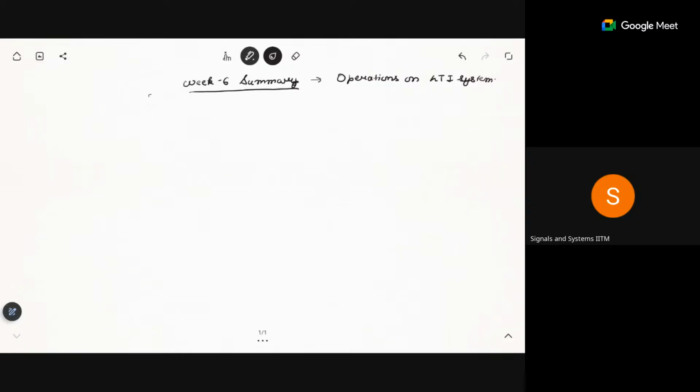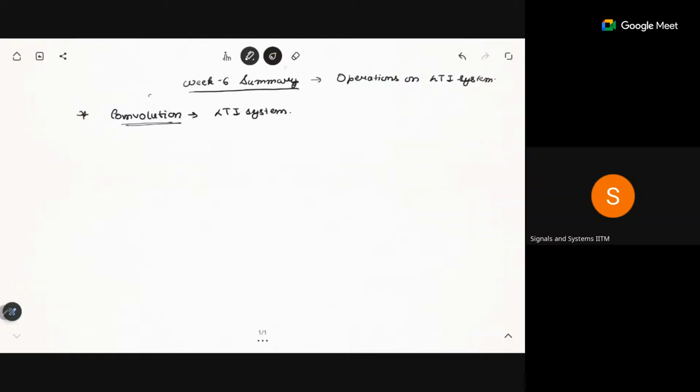Convolution is applied only and only on an LTI system. If the system is not LTI, then convolution cannot happen. So what is an LTI system?